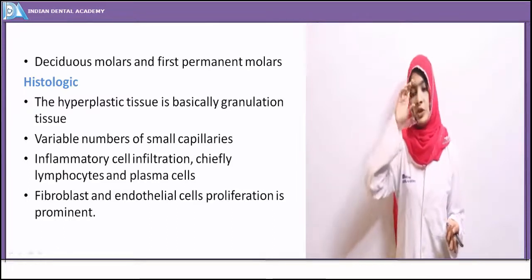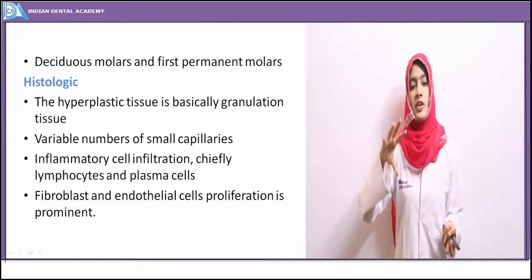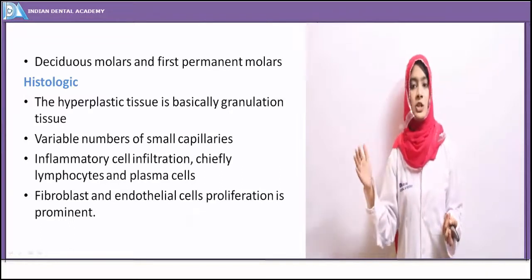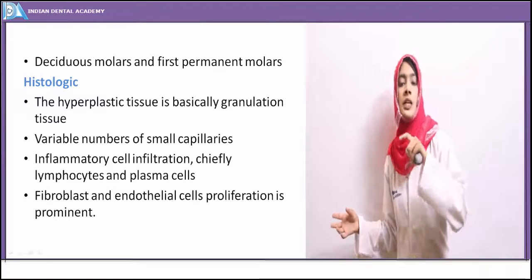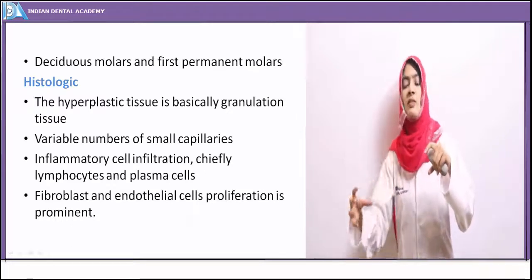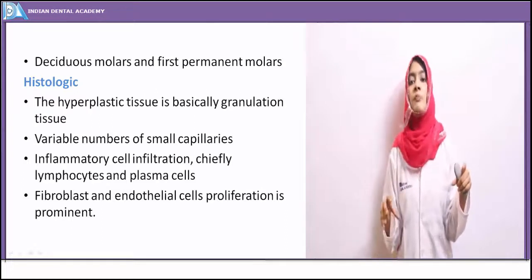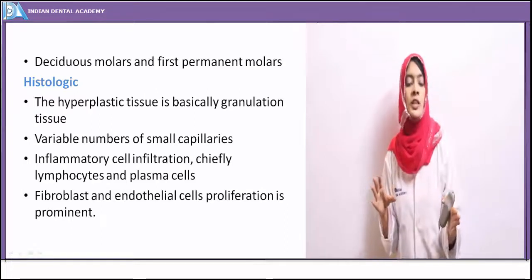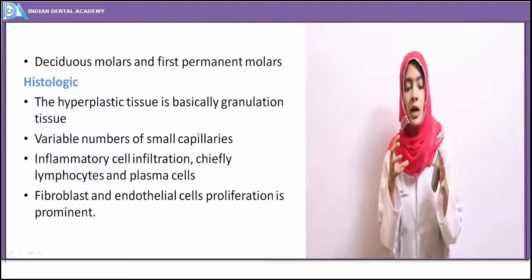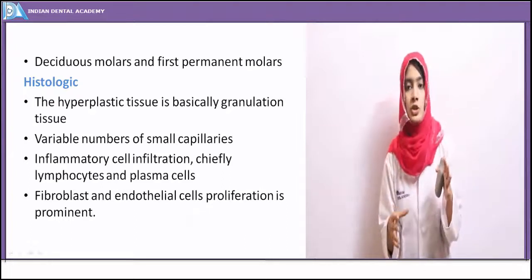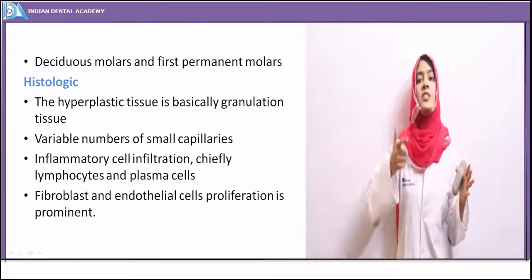And you have to differentiate this pulp polyp from gingival tissue. Sometimes deep proximal caries is present, and the gingival tissue proliferates and occupies the proximal caries cavity. So to distinguish between the pulp polyp and the proliferation of gingival tissue, you have to make out the base of the stalk.